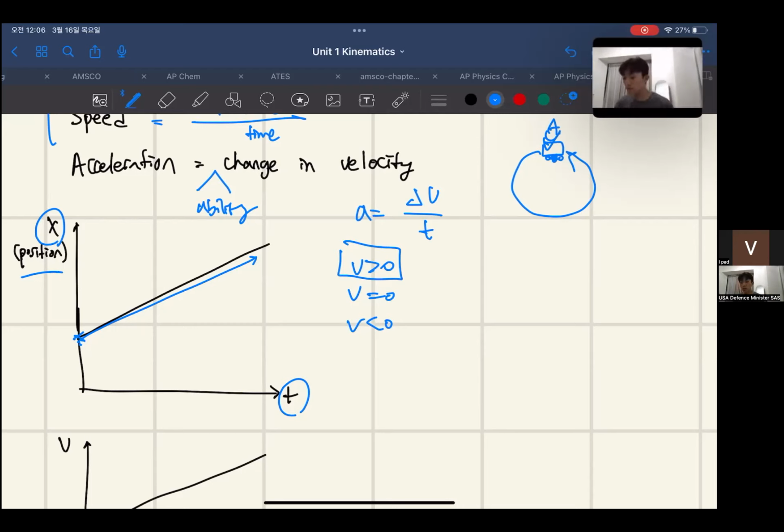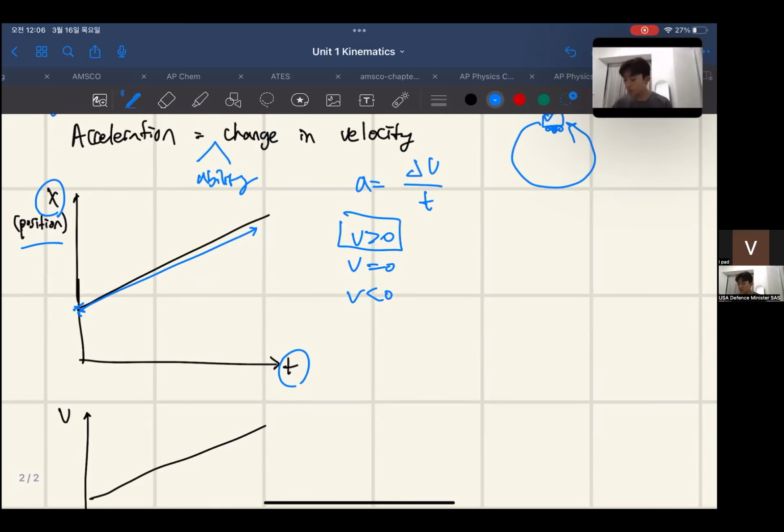Now, would the velocity be increasing, constant, or decreasing? In order to think about that, we have to see how the position is changing. We know that the position is increasing, but is the position increasing more later than before, at the same rate, or less than before?